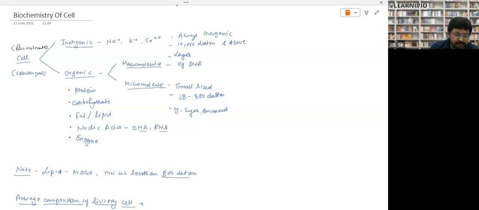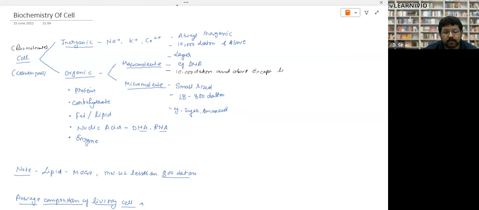Usually their weight is 10,000 Dalton and above, except lipid.